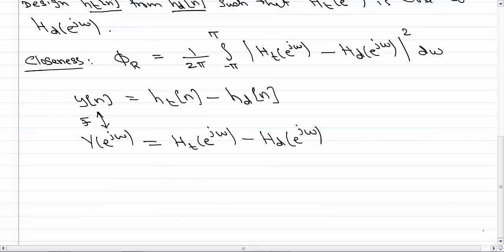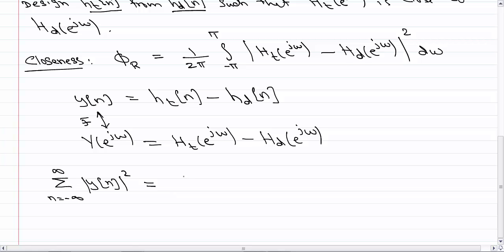Okay? Now there is another fact that we know from Parseval's theorem for the Fourier transform. So what is that fact? That if I take my signal y[n], compute its absolute value squared, and sum from minus infinity to infinity, that is equal to a function in the Fourier domain.